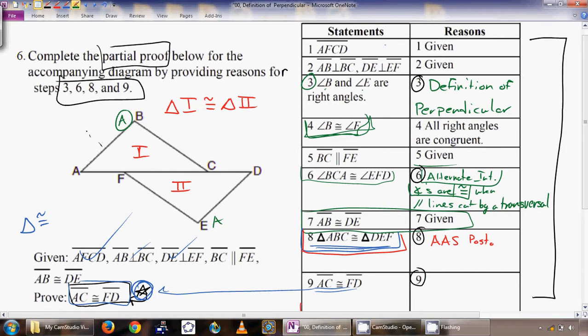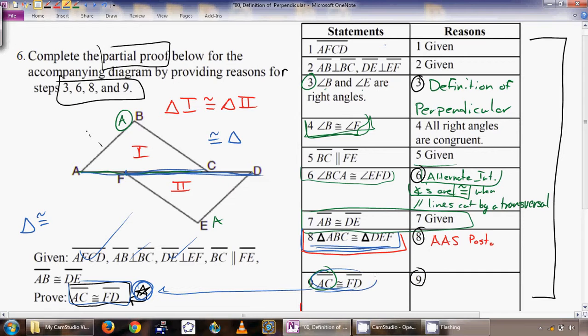Well, the last thing we see is AC, so let's highlight that. This side, well, that's the side that corresponds to FD in the other triangle. And if I have congruent triangles, okay, if I have congruent triangles, then the corresponding parts must also be congruent.